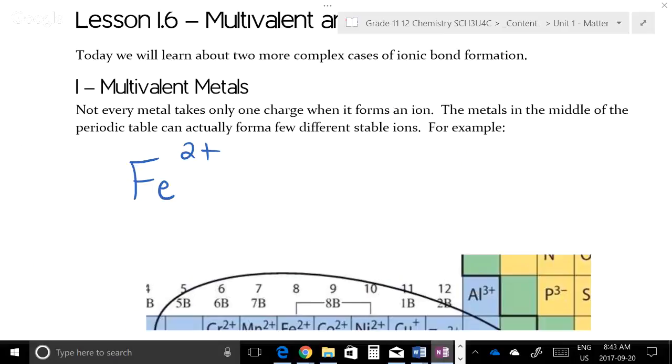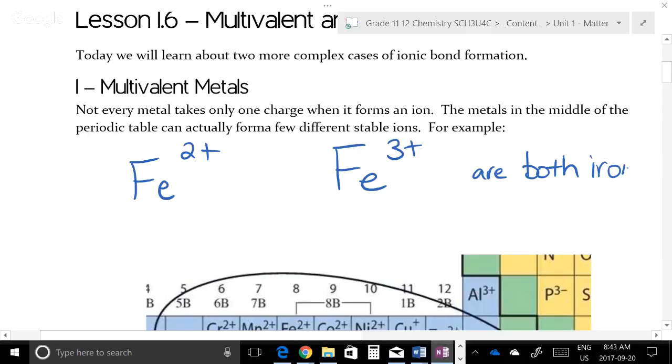So you can have a stable ion of iron that has only lost 2 electrons. And obviously, if it can be stable after losing 2, is it going to keep losing all the way to 8? No, that's a lot of work, right? But you also get a stable ion of iron sometimes under different conditions, 3 electrons. So these are both iron ions that are stable.